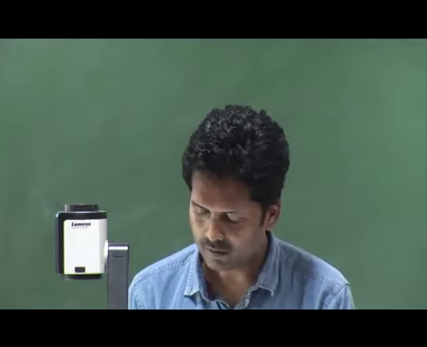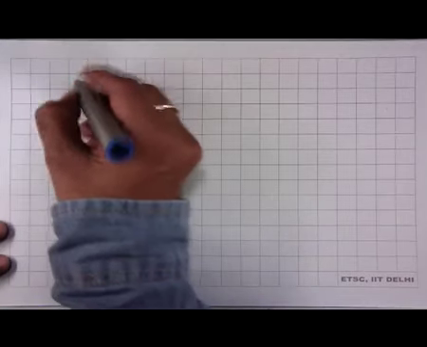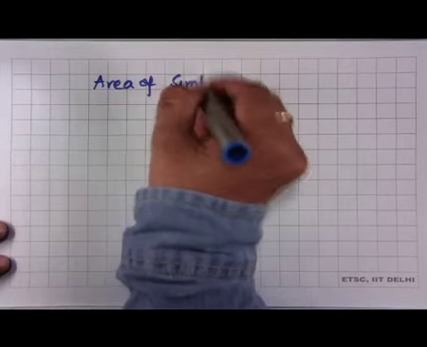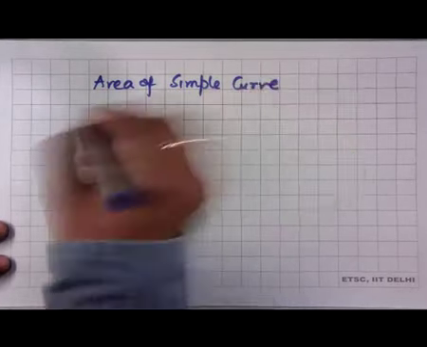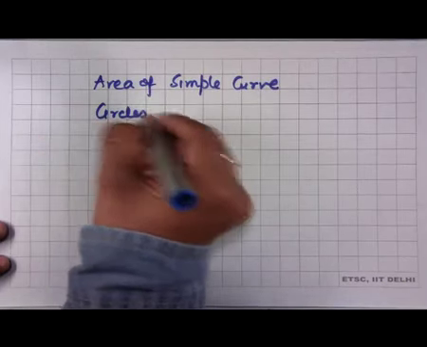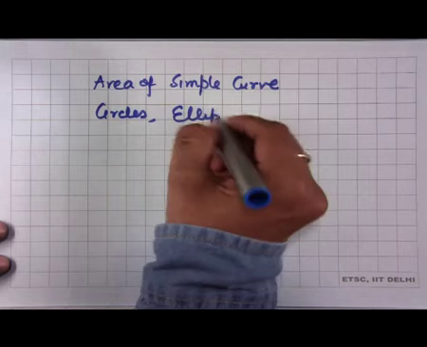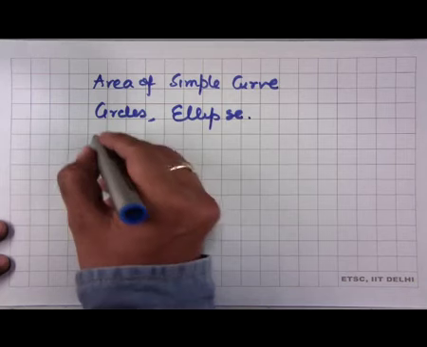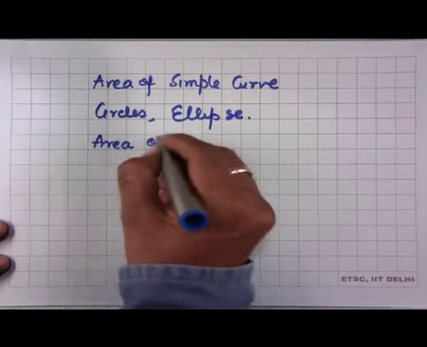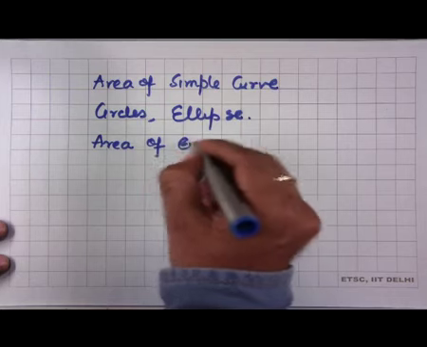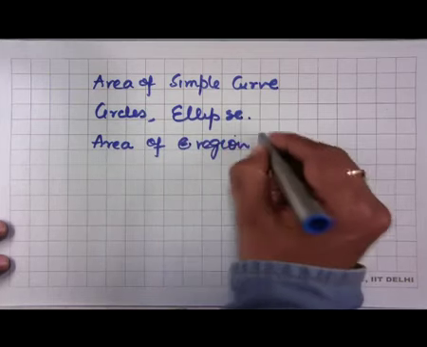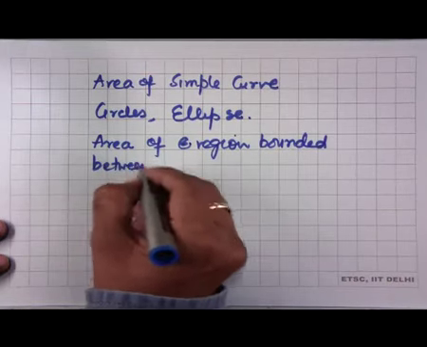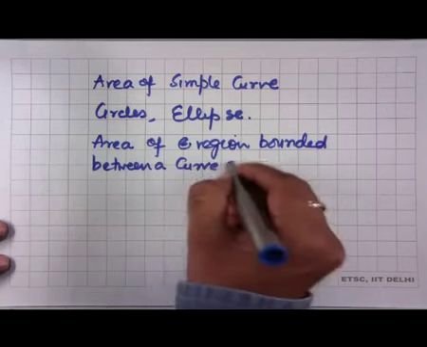Today we have seen how to find the area of simple curves, and we have computed the area of circles and ellipse, and then we moved towards little complicated cases where we have seen how to compute the area of a region bounded between a curve and a line.